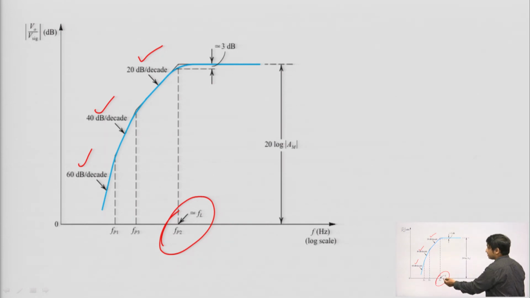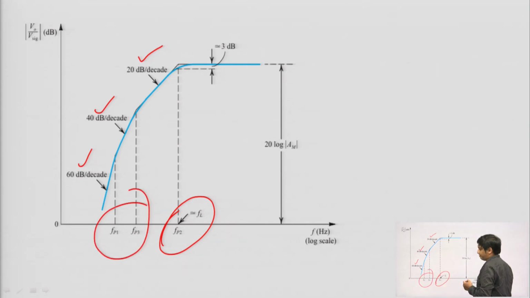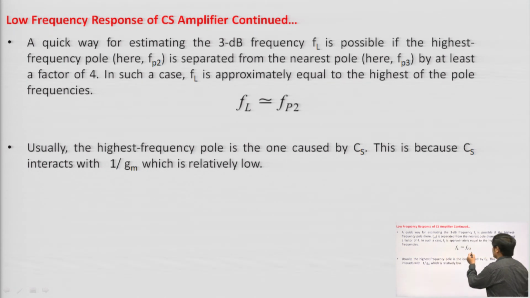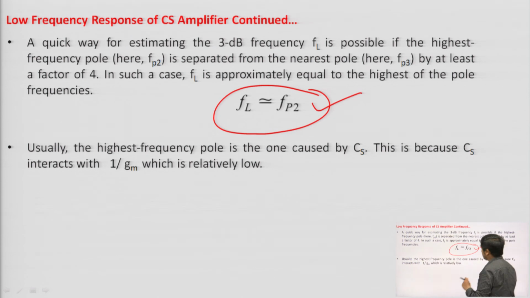And if Fp2 is sufficiently larger than Fp1 and Fp3, then sometimes we neglect Fp1 and Fp3 also. So, if Fp1 and Fp3 are very small, then the lower 3 dB frequency will be equal to Fp2. The reason I have already explained.